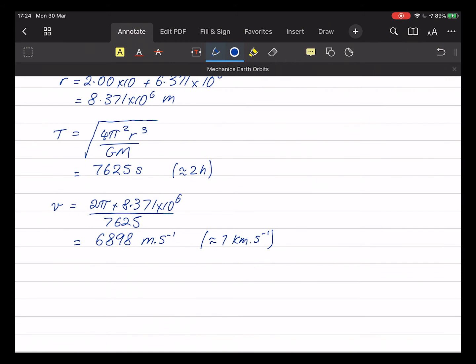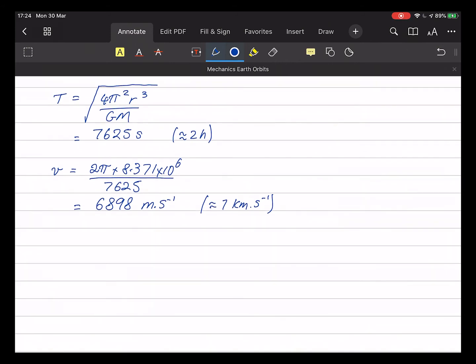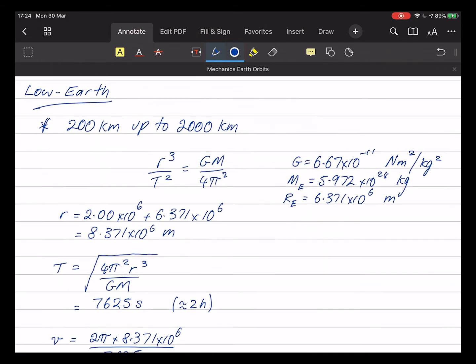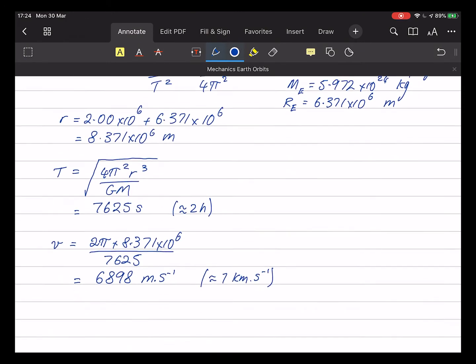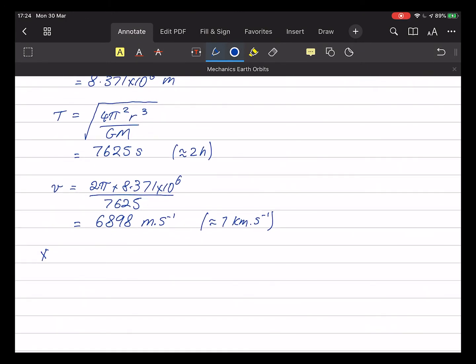It takes much less energy. Less energy, less fuel, less cost. And so it's cheaper to put things in low Earth orbit than it is to put them into a higher orbit. So it's cheap.